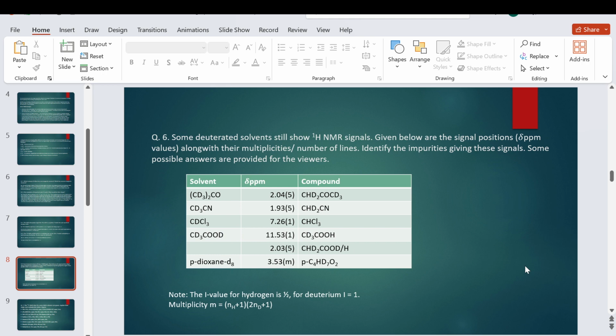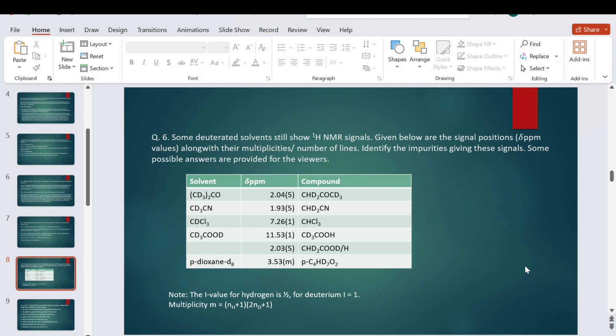Similarly, CD3CN gives a signal at 1.93 with 5 lines. The impurity is identified as CHD2CN. CDCl3 gives a signal at 7.26, 1 line. The impurity is identified as CHCl3. CD3COOD, a signal at 11.53, 1 line, identified as CD3COOH.